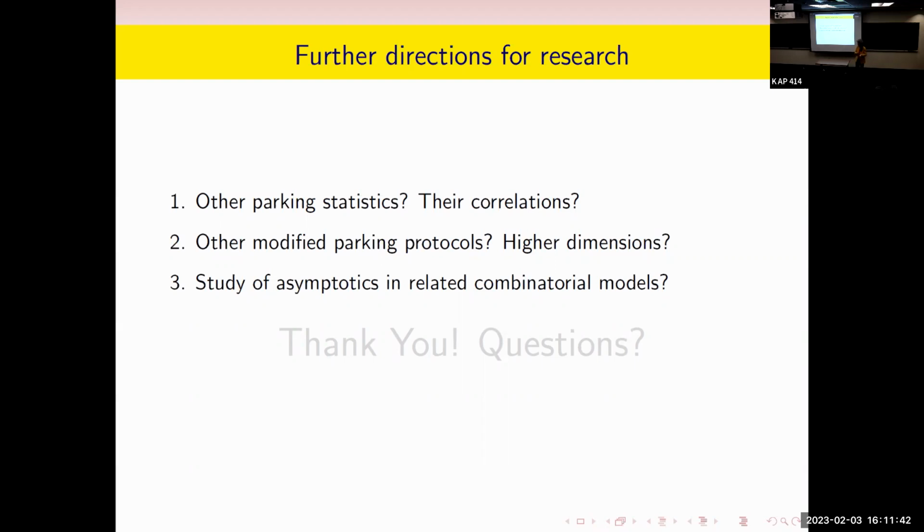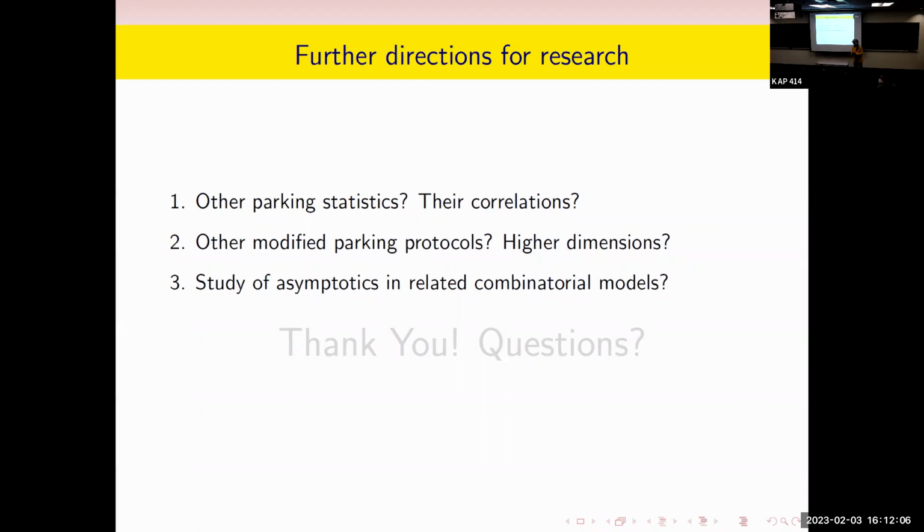What are the correspondences between these models and other combinatorial models? There are many questions people can ask. So this is about the content of that paper. And then if people don't have questions right now, I will talk about some newer thoughts I had after the paper was written, unless people have questions now.